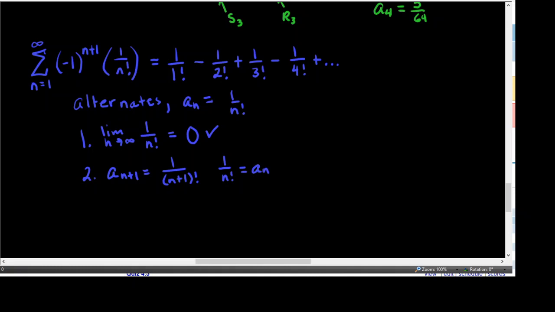Now if we're comparing those two fractions, the fraction on the left has a bigger denominator, so that means that fraction is less than or equal to, that worked. That's what we wanted to show: a sub n plus 1 is less than or equal to a sub n. So that means, of course, that this series converges.